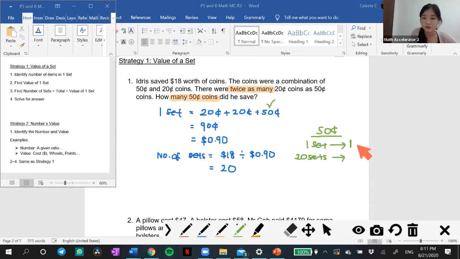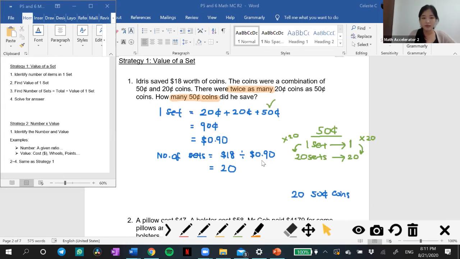You have to times 20. So the number of 50-cent coins will be 20. 20 50-cent coins. Okay, are we all good?